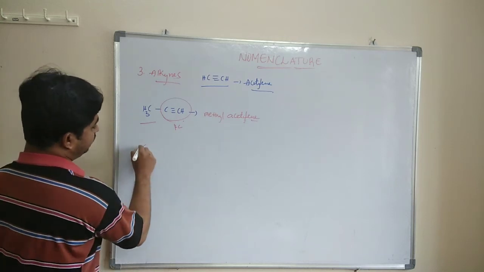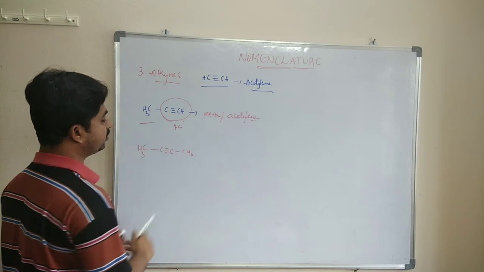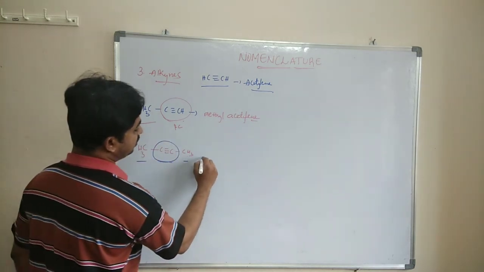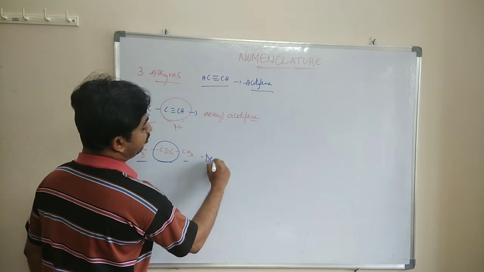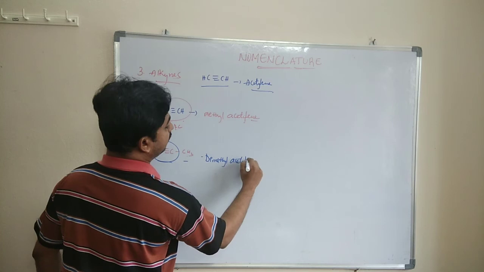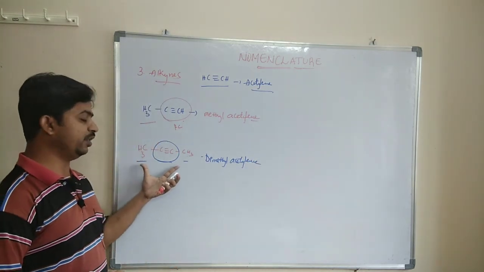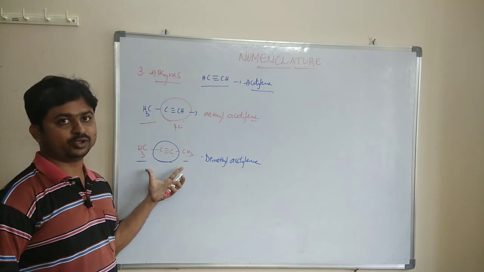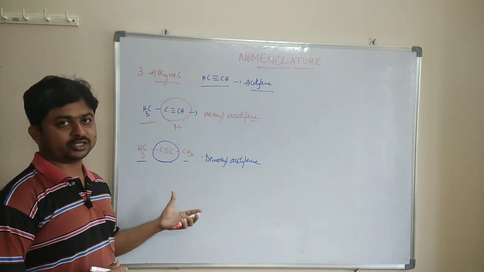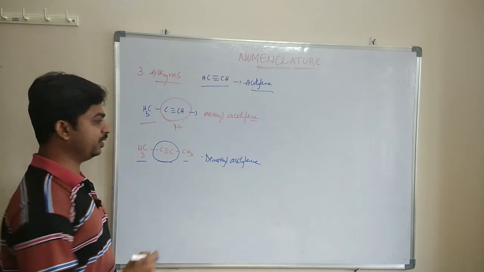Then if CH3 C triple bond C CH3, what is the name of this one? It has the parent chain acetylene, two substitutions, it is dimethyl acetylene. So like this, if it has two different kinds of alkyl groups, then we can go for naming according to alphabets. If ethyl is there, it has E, it will be first, then the methyl.